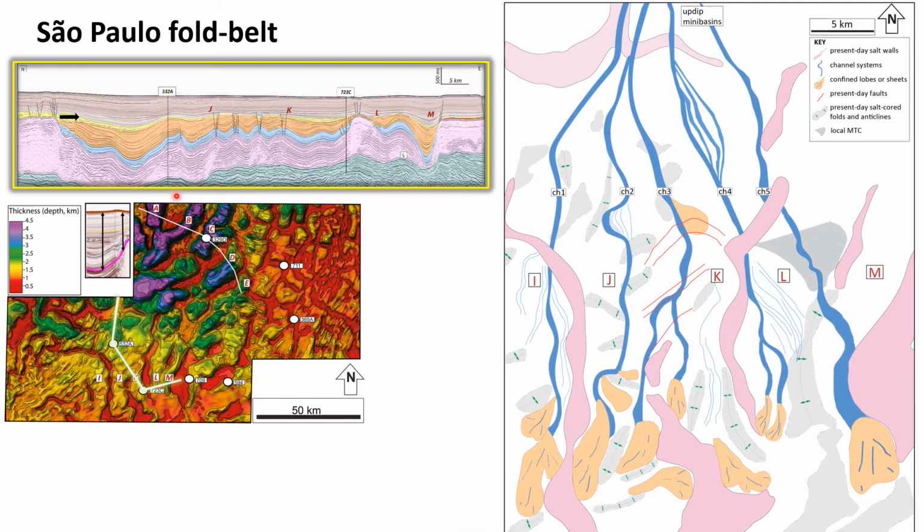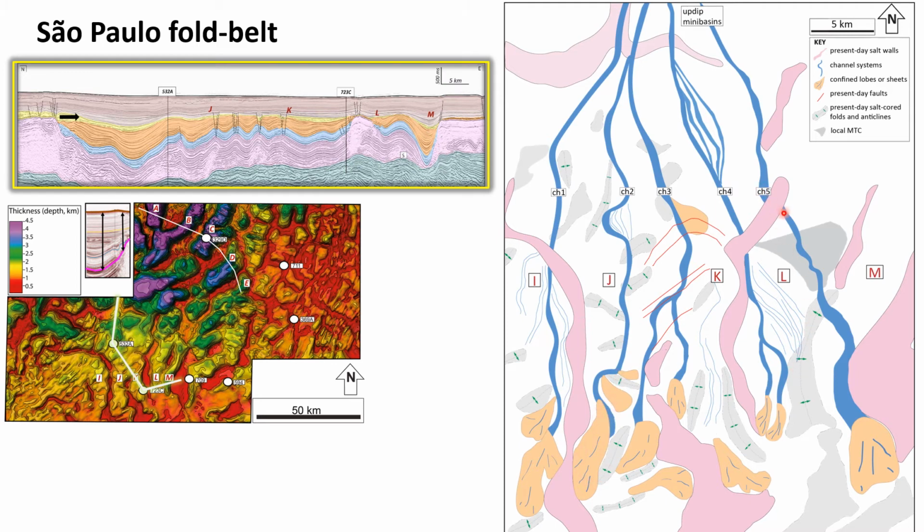To the south, in the inner fault belt, we identified submarine channel systems within the yellow unit that extend for more than 100 kilometers downslope. Salt core faults, anticlines, and salt walls locally controlled the architecture of the submarine channels and lobes.